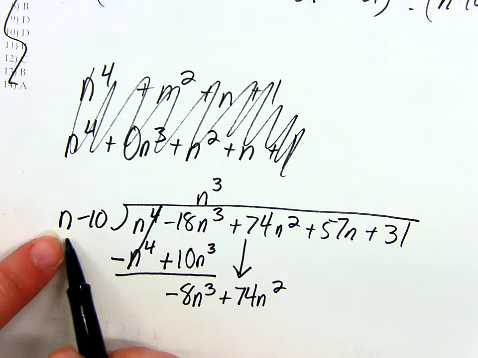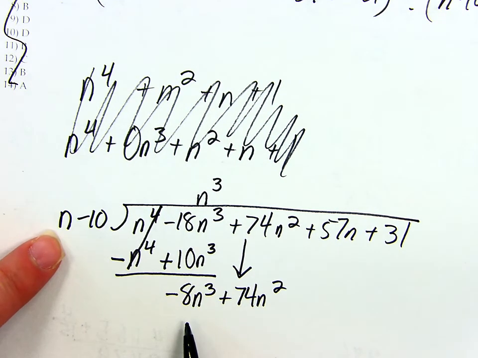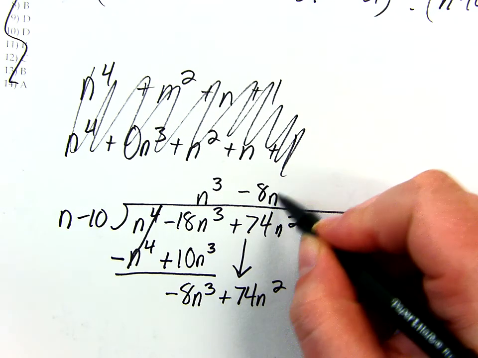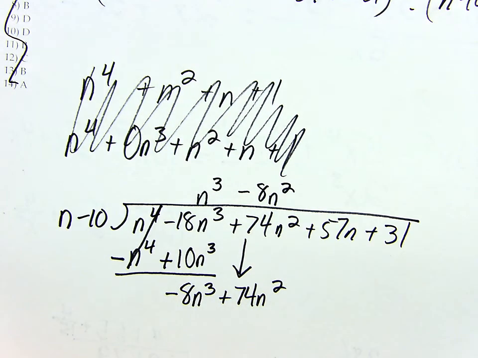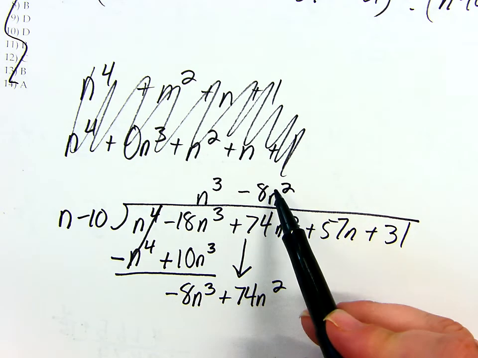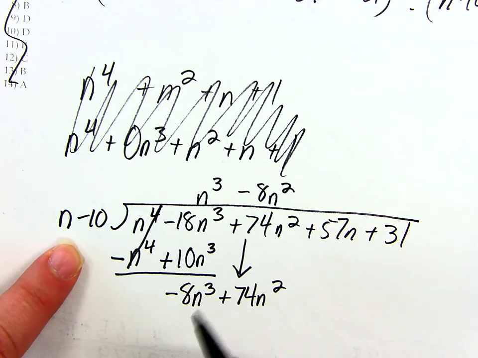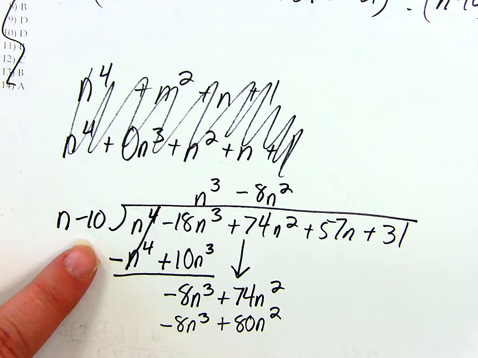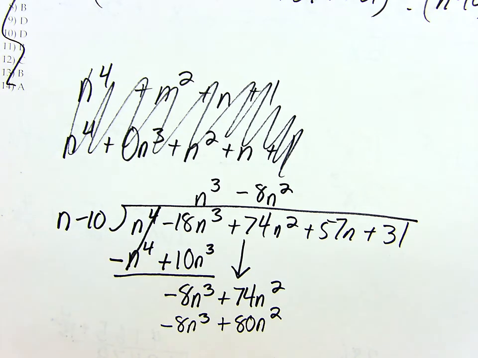You ask yourself, what do I multiply n by to get negative 8n to the third? Negative 8n squared, so that goes up top in the n squared column. You follow me? All right. Now I take negative 8n squared and multiply by what's out in front. So I get negative 8n to the third plus 80n squared. You agree?